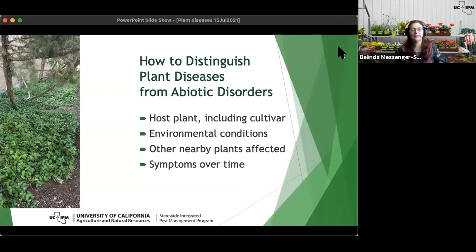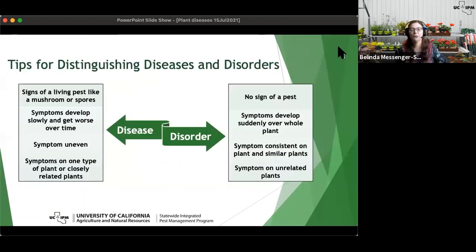So on the next slide, I'm going to show a few little tips that will break down disease versus disorder. With a disease, if you see the sign of a living pest like mushrooms or spores, you know you're dealing with a disease, whereas you're not going to ever see signs of a pest with a disorder. When symptoms develop slowly and get worse over time, this is going to point to a disease.